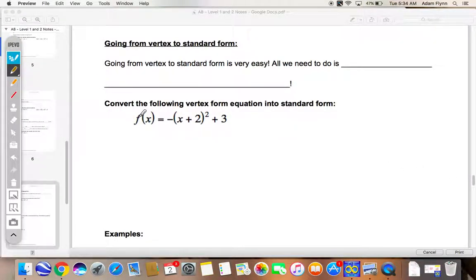Okay. So now, going from vertex to standard form. Going from vertex to standard form is actually very easy. All we need to do is FOIL, distribute, and combine like terms.